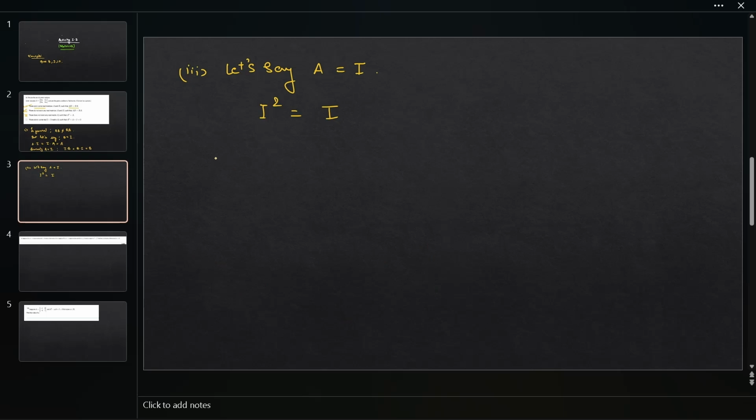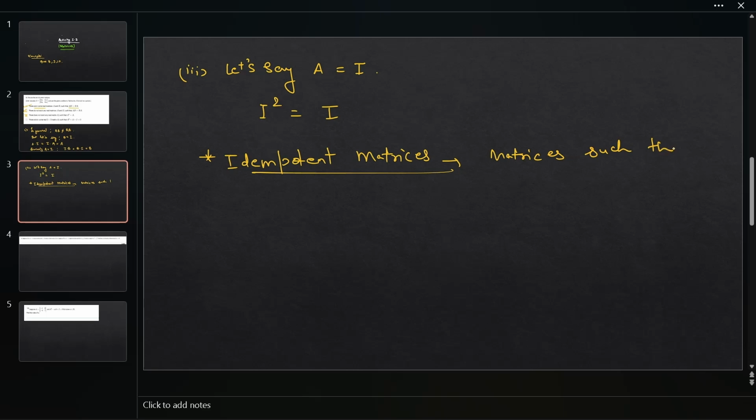One more point: these types of matrices, such that A square is equal to A, have a special name called idempotent matrices.